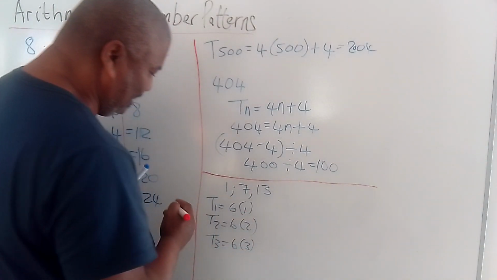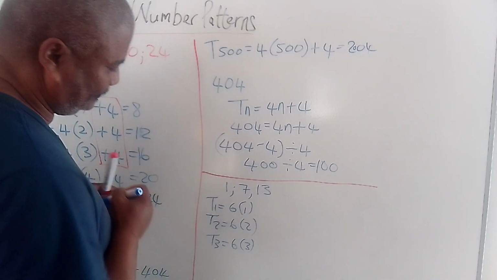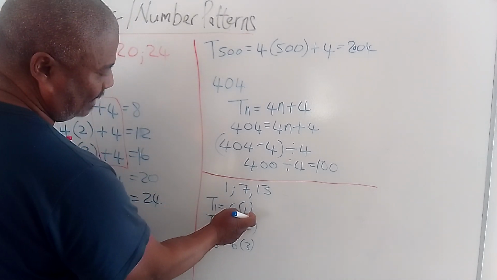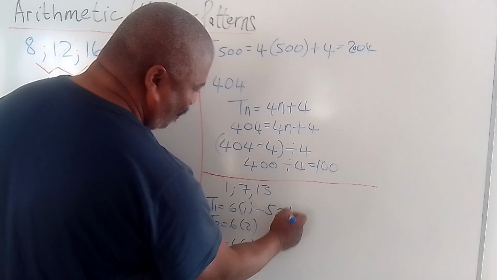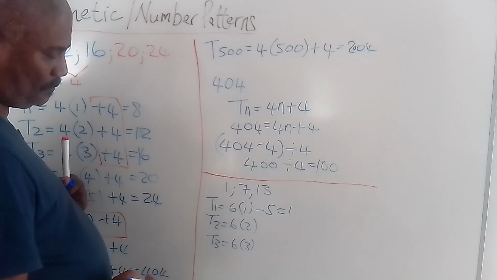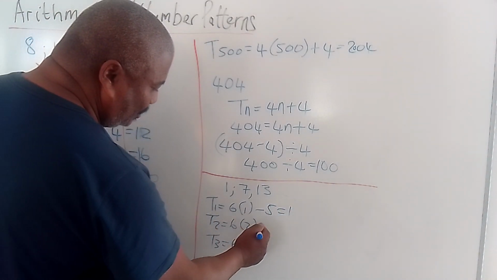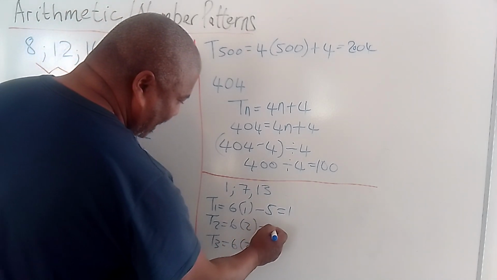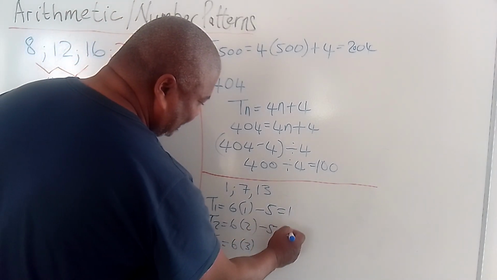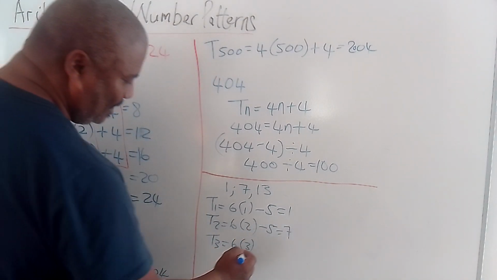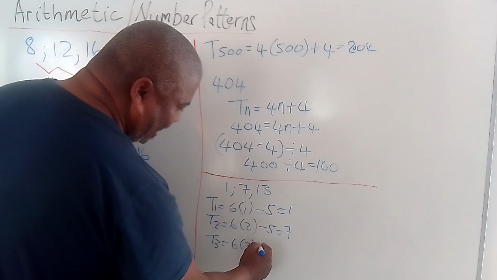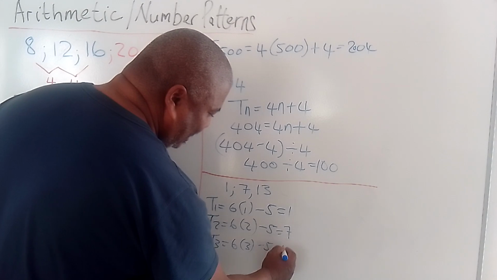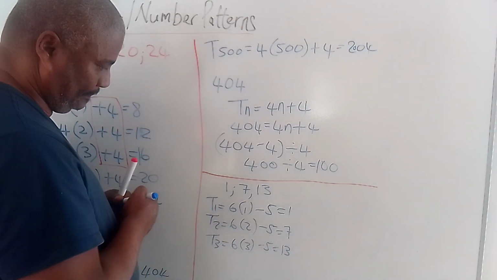So 6 times 1 minus 5 gives me 1. 6 times 2, which is 12, minus 5 gives me 7. 6 times 3 is 18, minus 5 gives me 13.